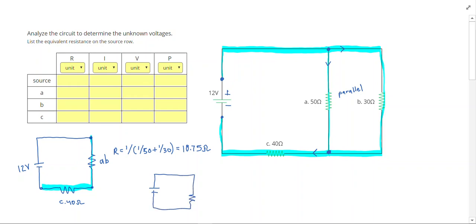I'm going to call this resistor ABC. Since they're in a series, I can take 18.75 and add 40, and that'll give me 58.75 ohms as the equivalent resistance of the entire circuit. So I'm going to write that in the source row on Positive Physics as 58.75 ohms.